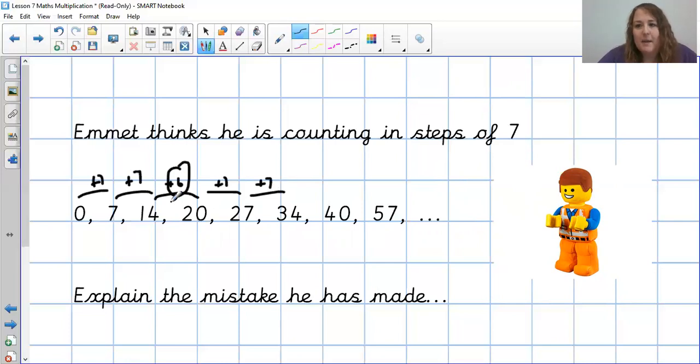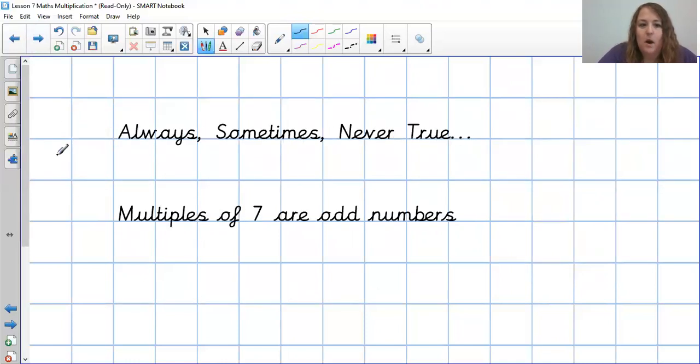So hopefully you've been able to explain where he went wrong, and maybe you can explain using that building method how he should have got the answer there, because it's not 20, it should be 21. What mistake has he made and what could he have done with our 7 and our 14 to make sure he had that correct?